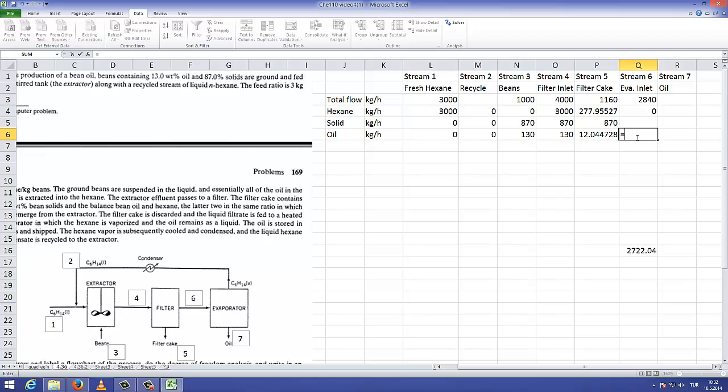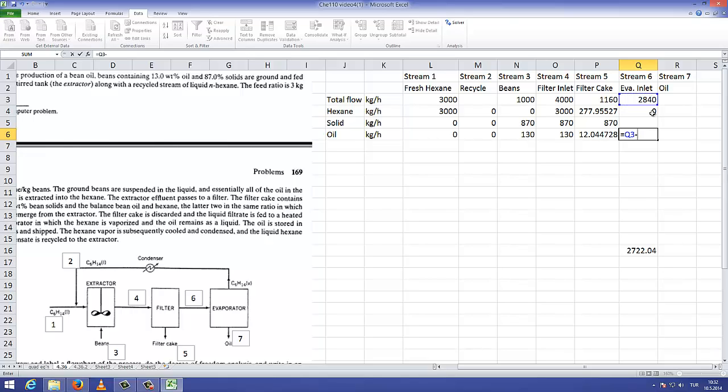Again, by simply taking the difference between this, I can find the oil amount because it's 100% oil removed. But I also don't want to do this. Let's make it like this.